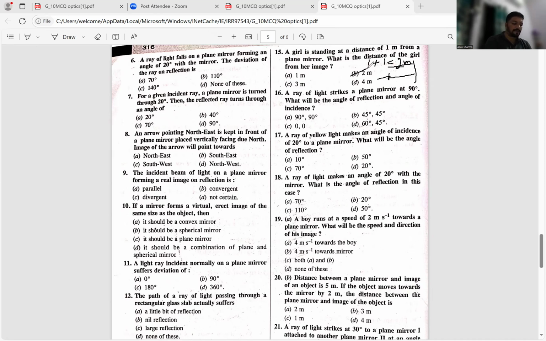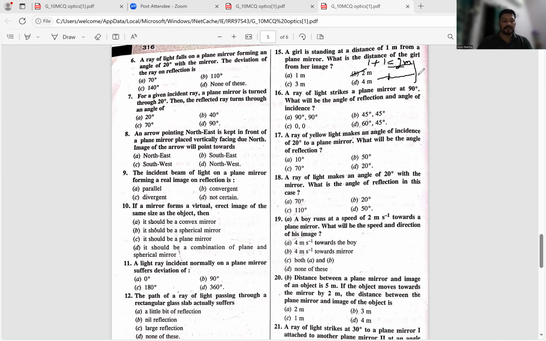The question arises from here. But what is the particular reason? You understand? Again, read the question. A girl is standing at a distance of 1 meter from a plane mirror. What is the distance of the girl from her image? It is 1 plus 1, that is equal to 2 meters. Why do I write 2 meters? Because you can calculate the total distance.